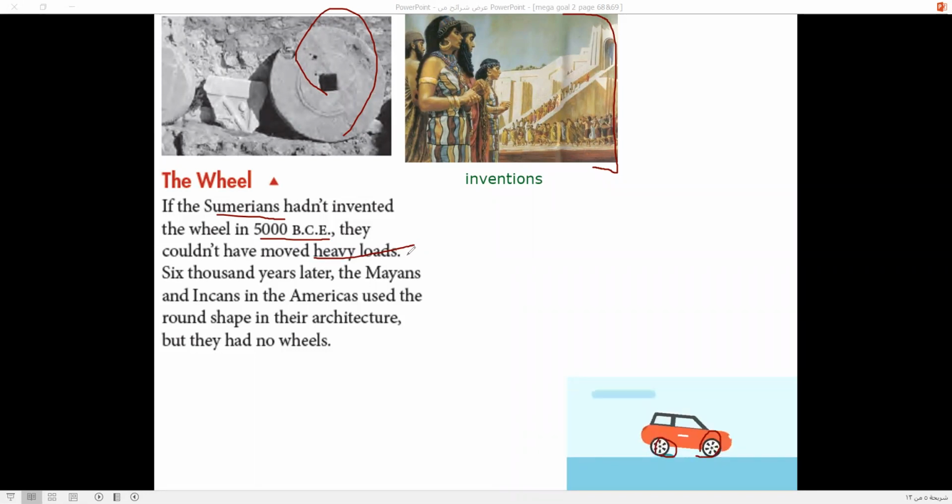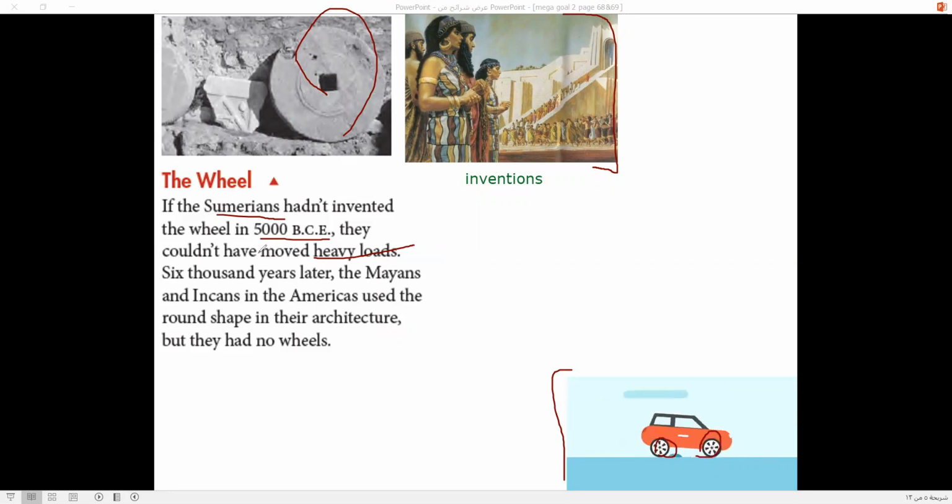No. You always ask for a car. So the job of the wheel is that it can move heavy loads. When you go to the supermarket and buy many things, what do you move them on?